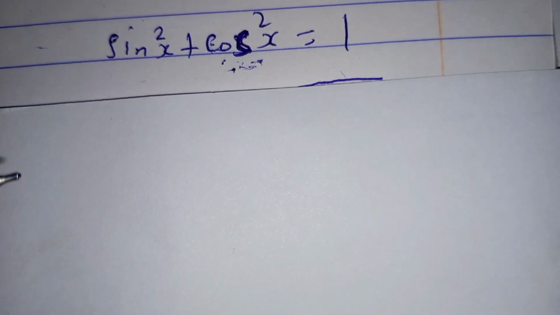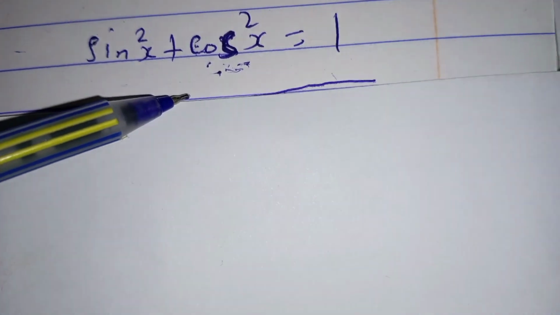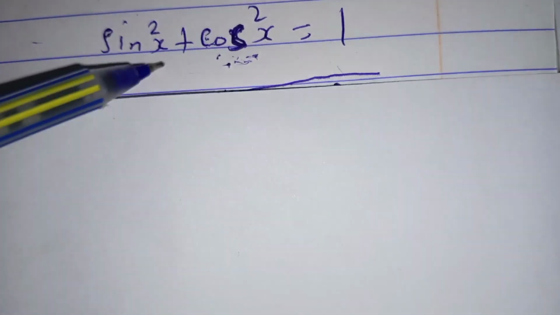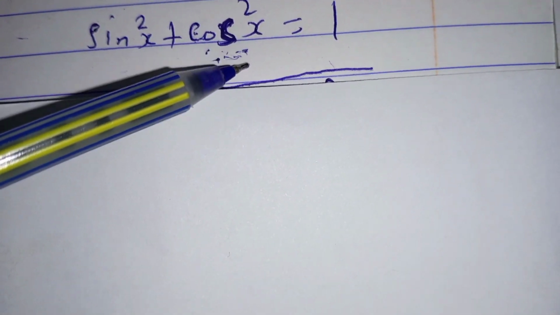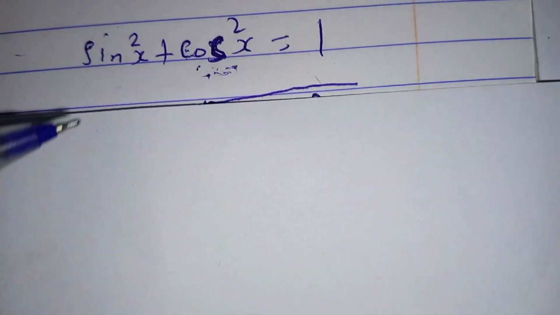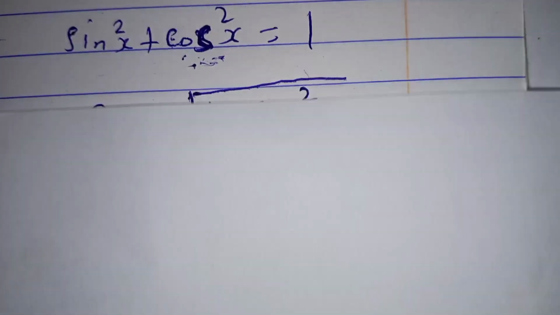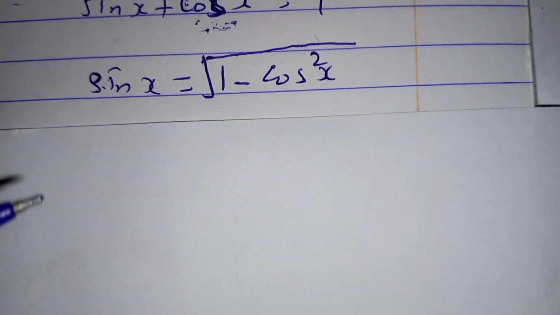From this one, we can make sin the subject of the formula by subtracting cos squared both sides. When you subtract cos squared both sides and take the square root, we are going to obtain this one.